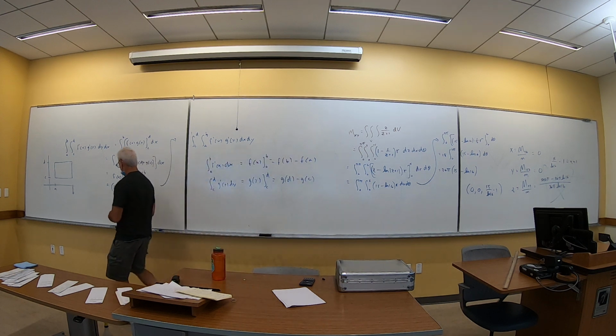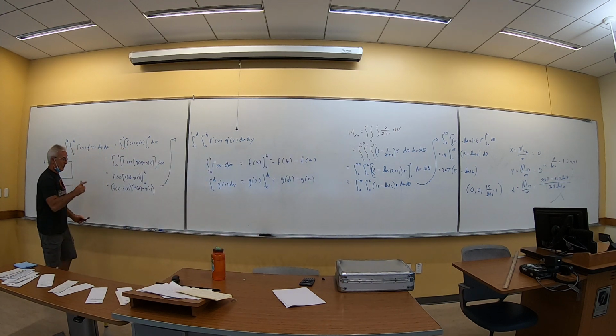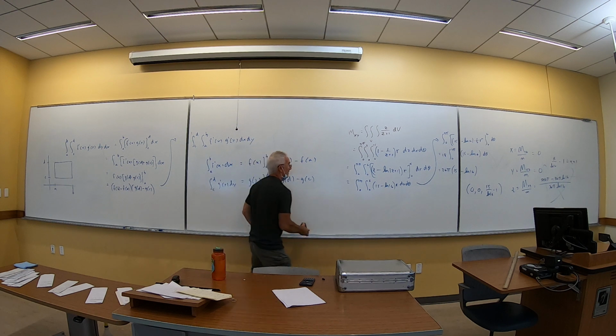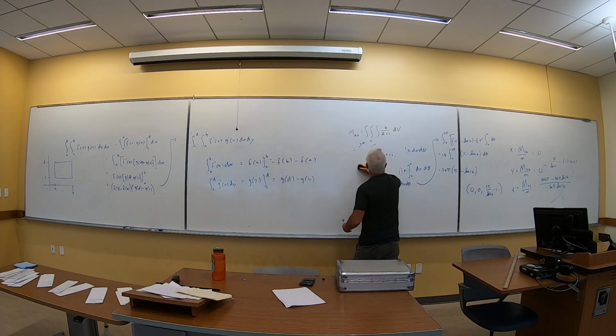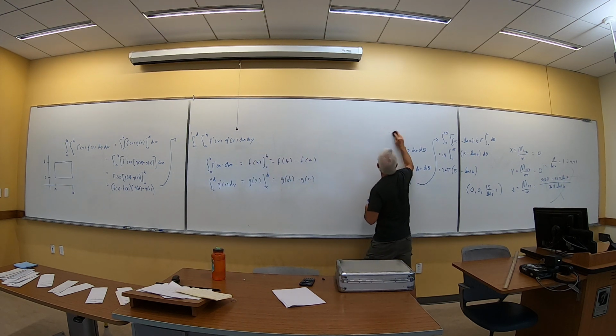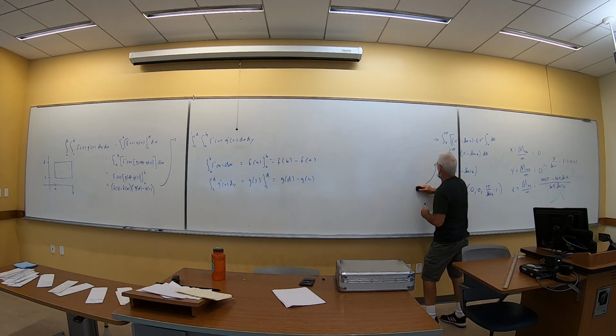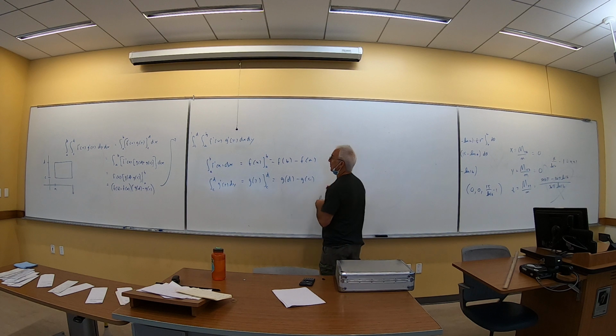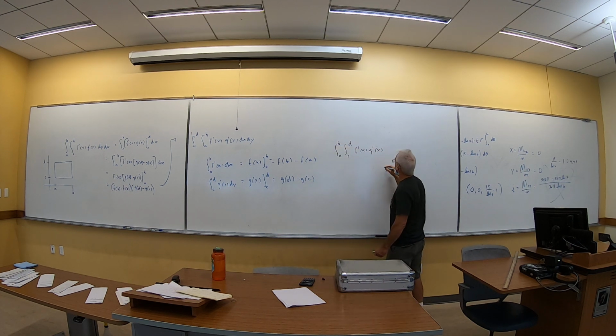Here's the point. I'll write it over here, because it's kind of important. This is a hugely important rule, but it isn't used very often because you won't run into this situation very often. So let me start it again. I started with an integrand that was the product of a function of x and a function of y.